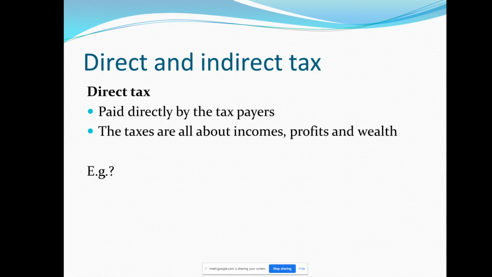Can someone give me more examples? Give me two more. So now we have income tax. What else? Capital gain, that's very good. But we don't have it in Hong Kong. Capital gain can be very complicated in terms of taxation.